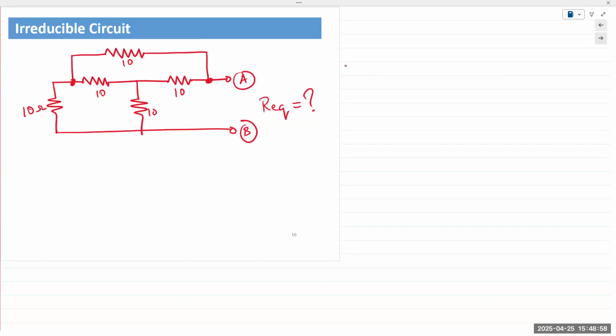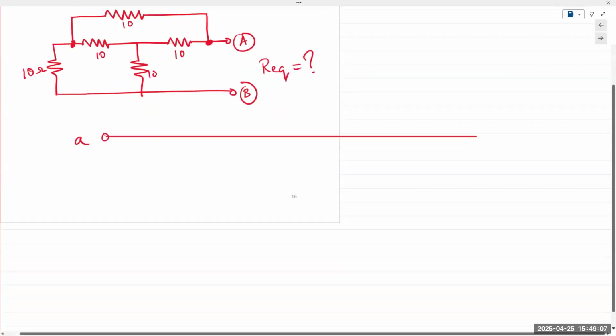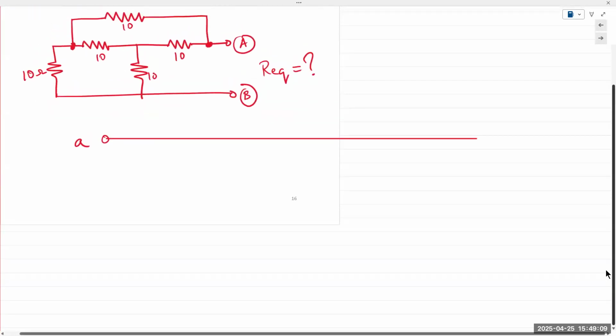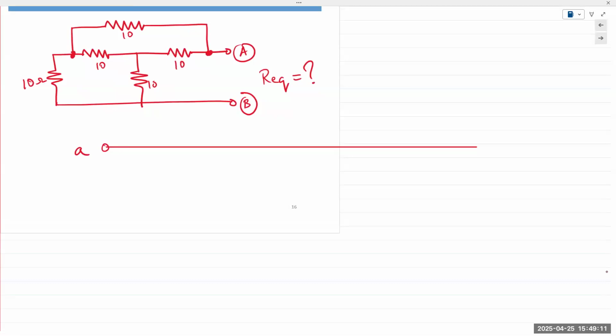Actually, let's move down here where we have more space. So we might not need such a big space, but let's just say this is A, and this would be B, right? That's the first, A and B.